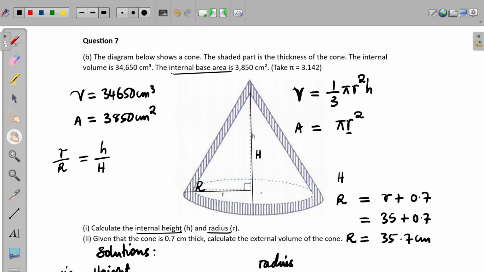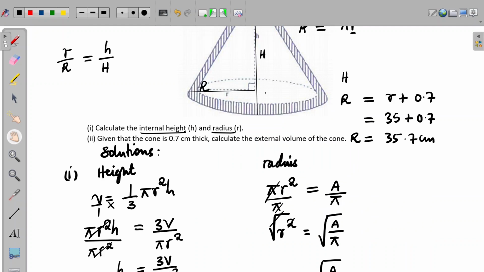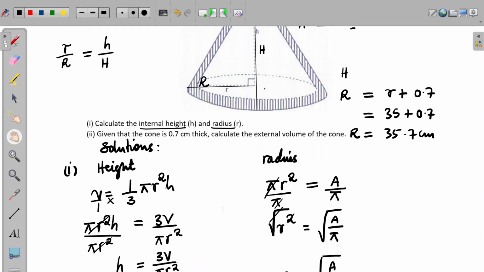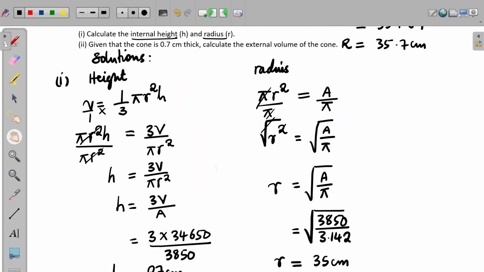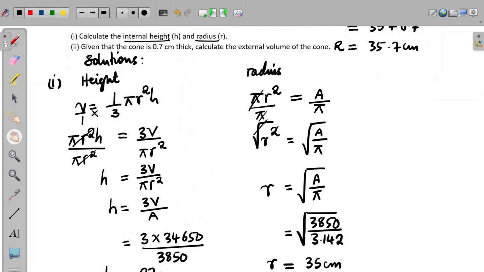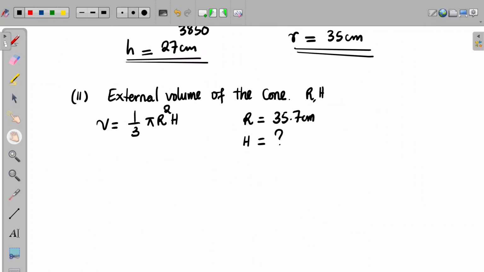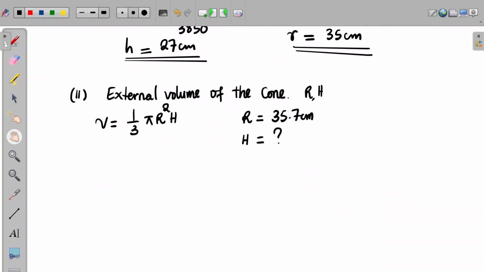So we shall first find that height. So small letter radius, we already found it as 35. Then capital radius is 35.7. Then we want the H. Okay. So let us just scroll down a little bit.